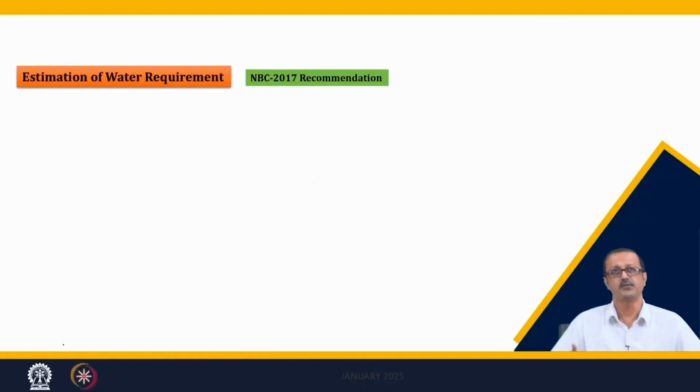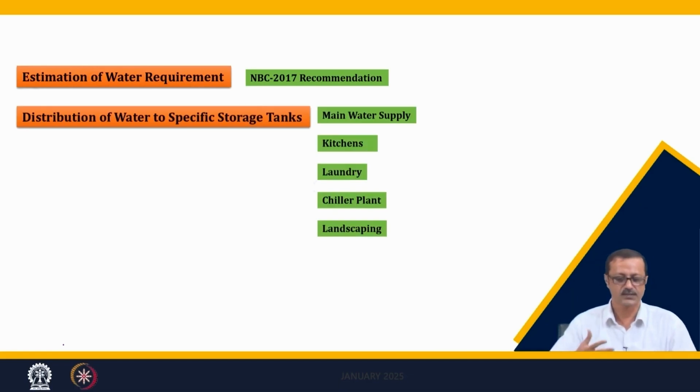We require some initial understanding to estimate the total water requirement. The NBC provides us some recommendations. Again, I am not going into that detail. For a very minimal discussion, we have to see those areas, not only the occupancy.